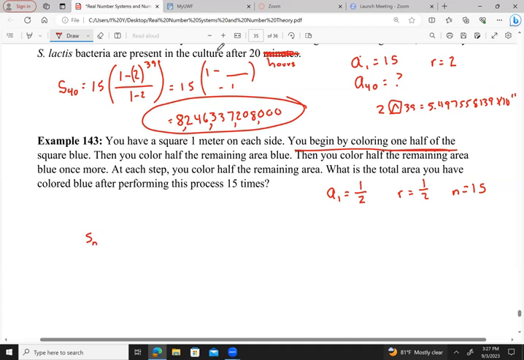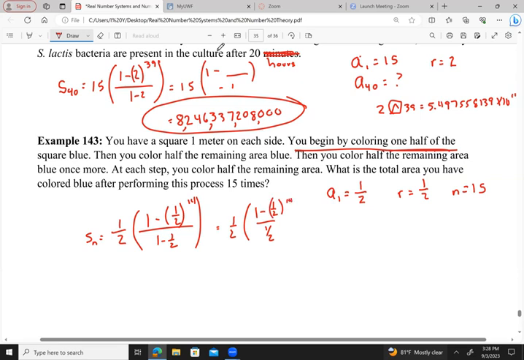So S sub n equals 1/2 times (1 minus 1/2 to the 14th) over 1 minus 1/2. A lot of 1/2s in here. So again, we have 1/2 times 1 minus 1/2 to the 14th.